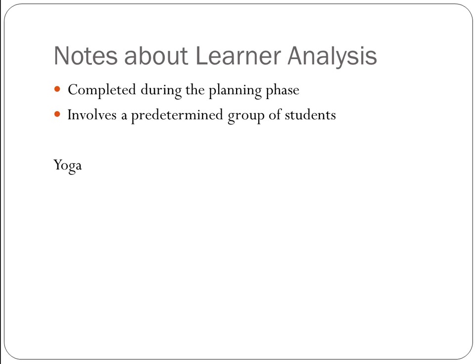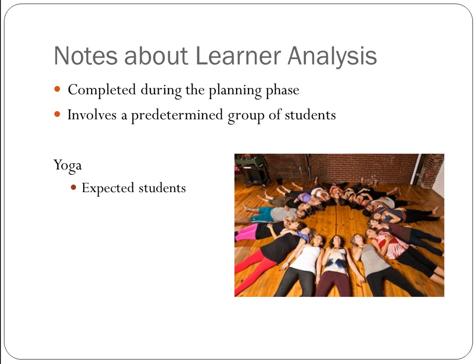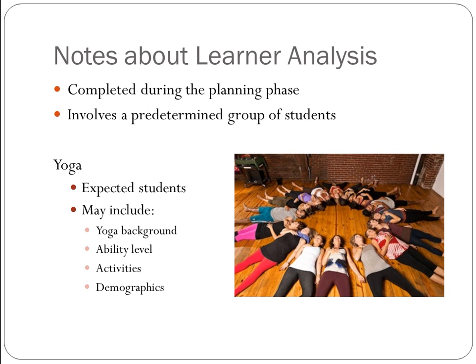The end result of our learner analysis will be a few statements that give an overall impression of the expected students that attend class. This is based upon the students who attended previous classes. This description may or may not include their yoga background, ability level, activities, and demographics.